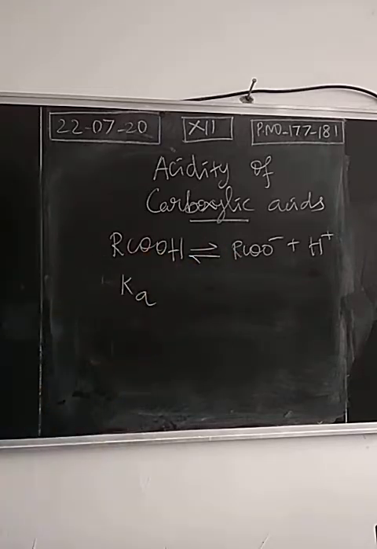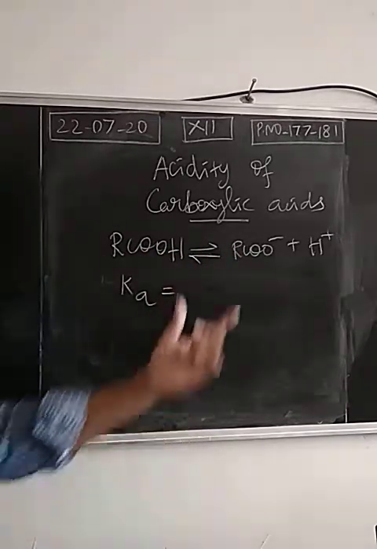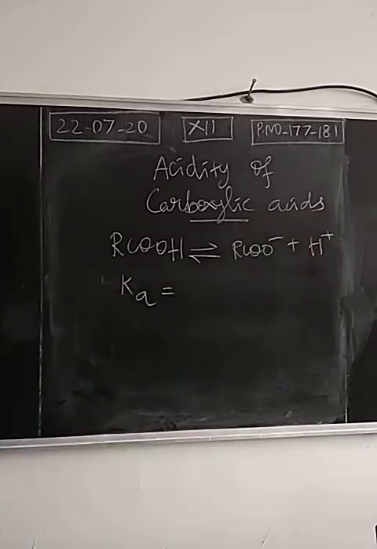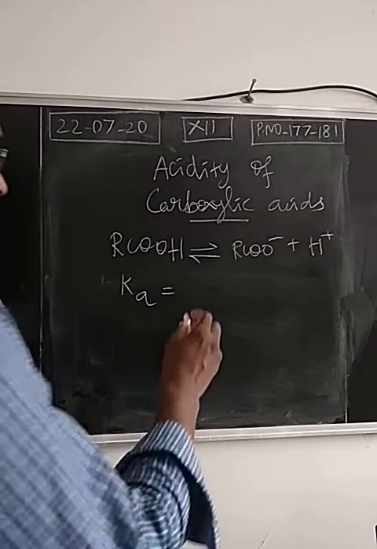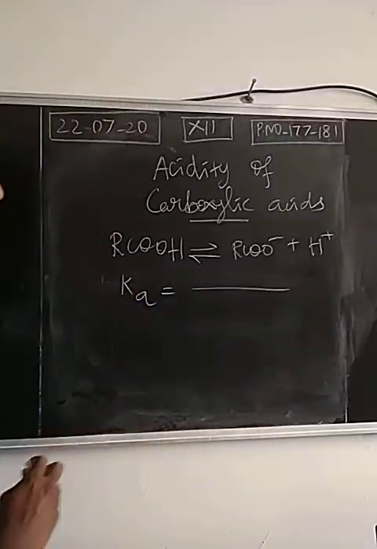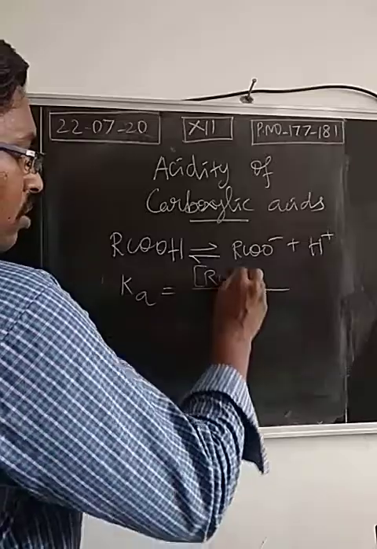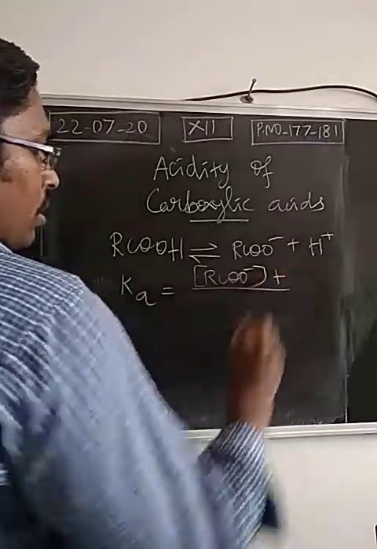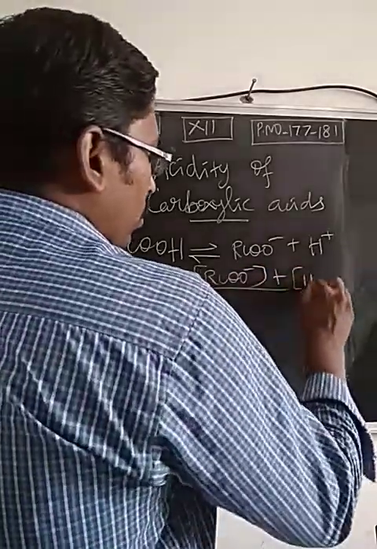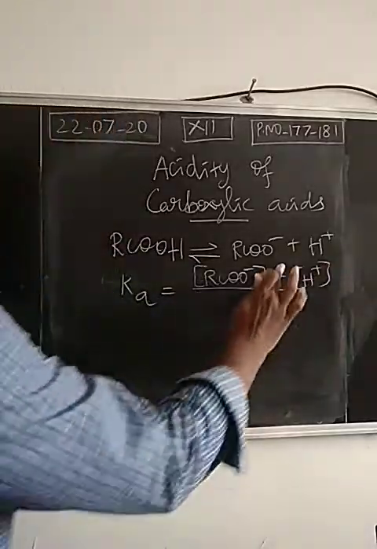For this equilibrium reaction, what will be the numerator value? Concentration of products. The denominator value, concentration of reactants. So the equilibrium constant is the ratio of the product of molar concentrations of products. What are the products? Carboxylate ion and a proton.